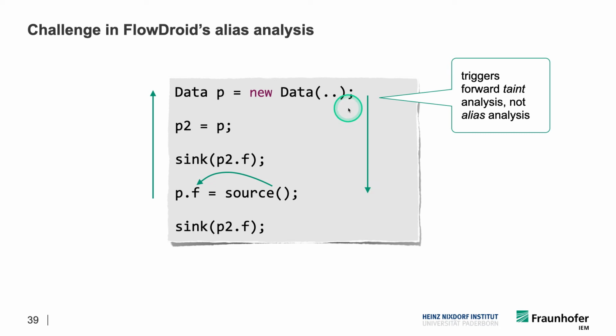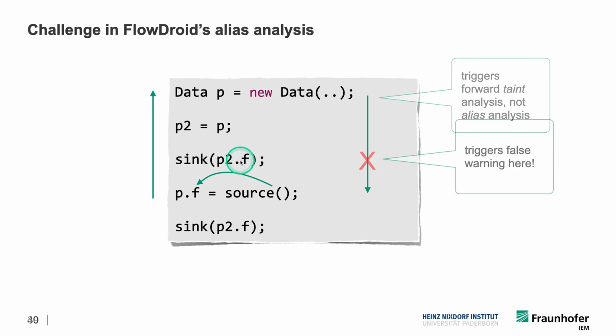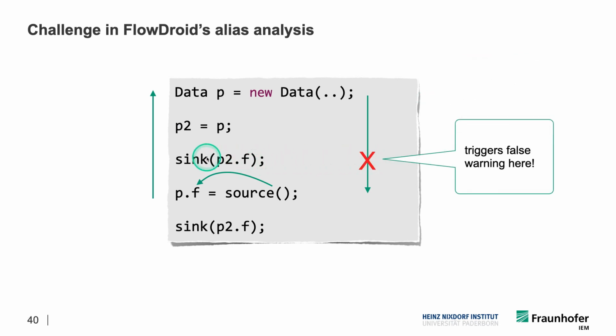And the problem is now, we're propagating a taint for p.f, which is being turned into a taint for p2.f here, which gives us a false warning at this program statement, right? So the analysis would assume, although that's definitely not the case, that there can be a data flow from this source down to this sink.